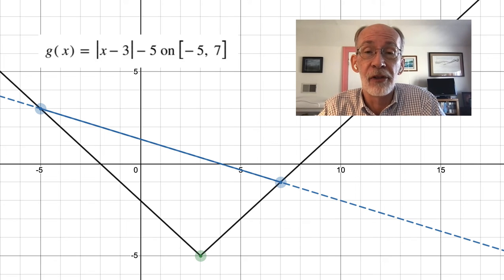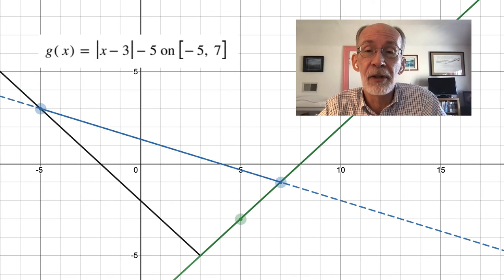So this is an instance of a function which is, although it's continuous, not differentiable. And as you see, there is no possible way graphically for these tangent lines to be parallel to the secant line. It's just not in the cards.